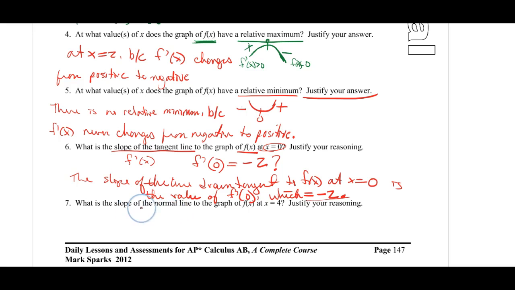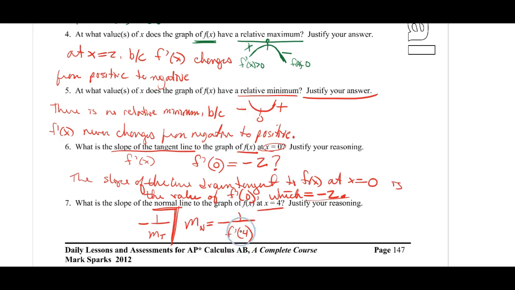What is the slope of the normal line? Remember the normal line is the opposite reciprocal of the tangent slope at x equals 4. So to find this, I want the opposite reciprocal of the derivative at 4. This will be the slope of my normal line.